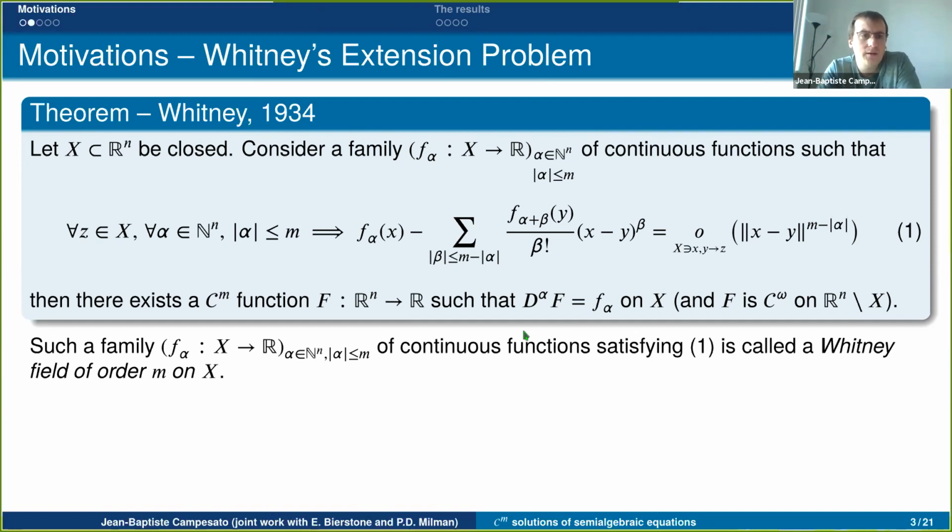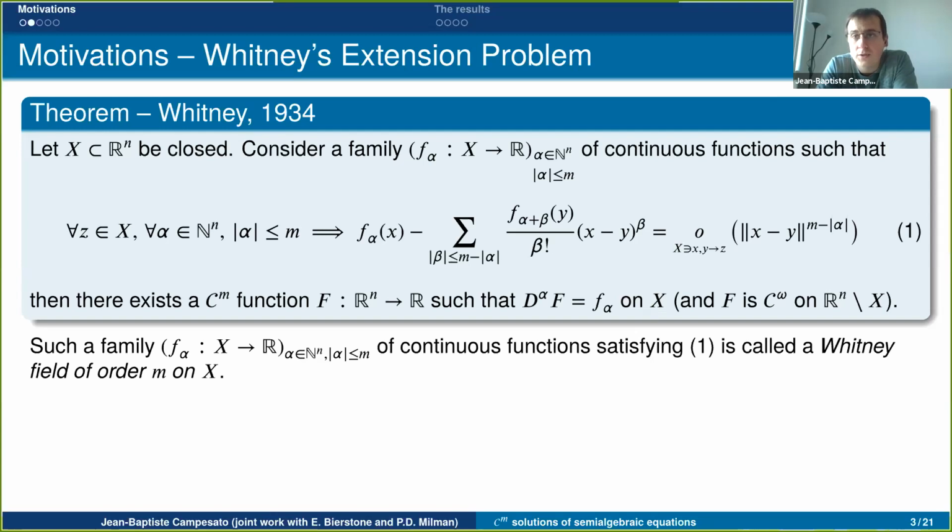This theorem is a partial answer to Whitney's extension problem, because when alpha is equal to 0, what you obtain is that F coincides with f_0 on X.